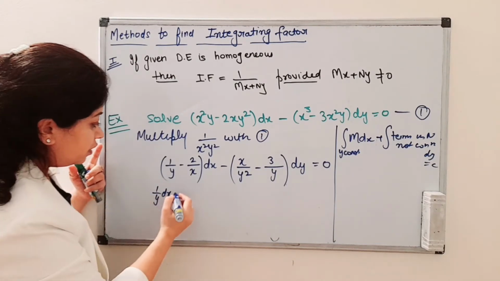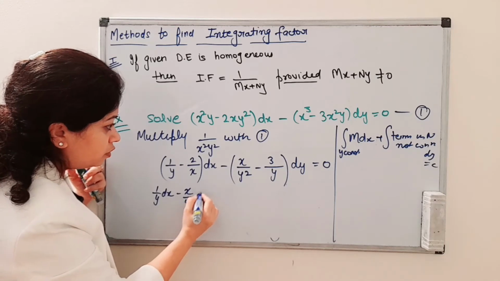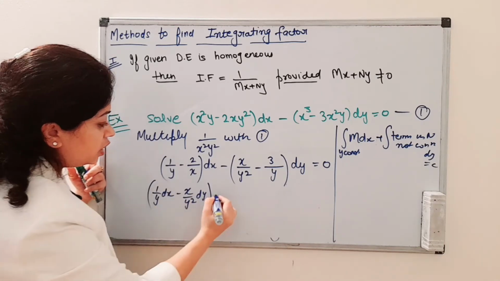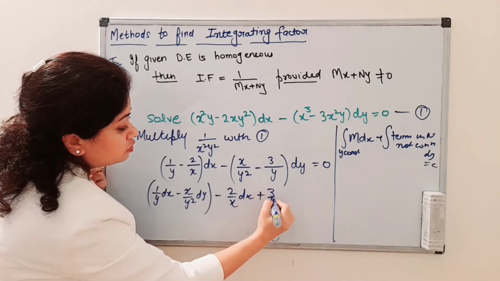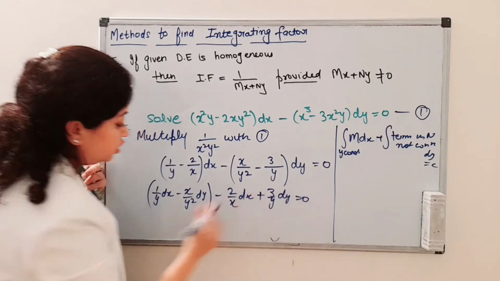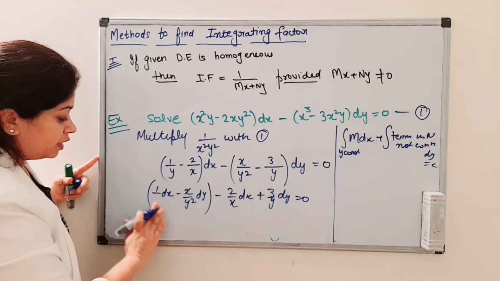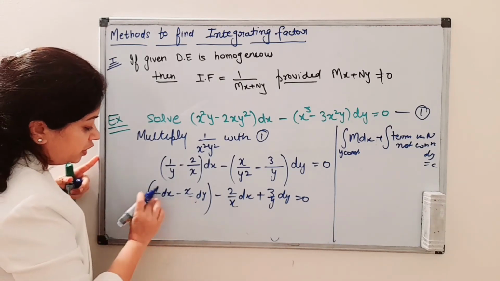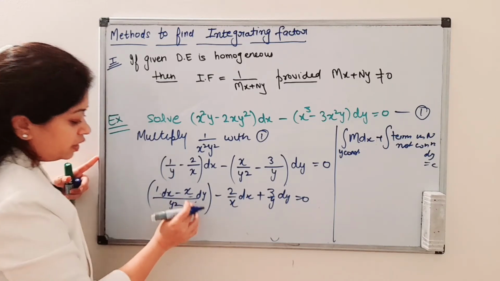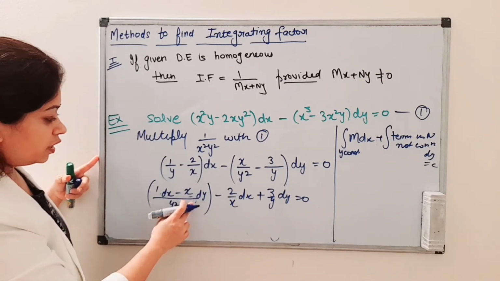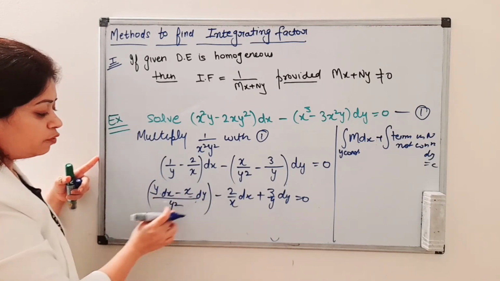So we will see here 1 by y dx minus x by y square dy, minus 2 by x dx plus 3 by y dy equal to 0. Now if we take y square LCM, okay, this y square was here, and it will be y dx minus x dy upon y square.